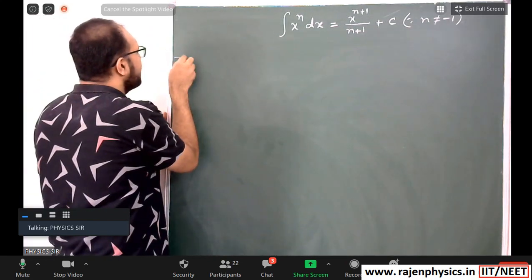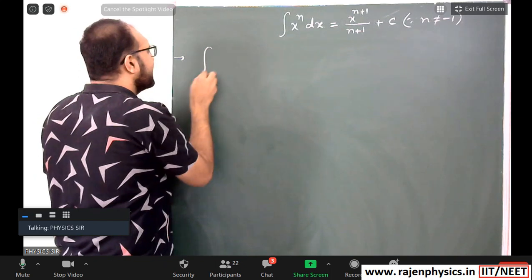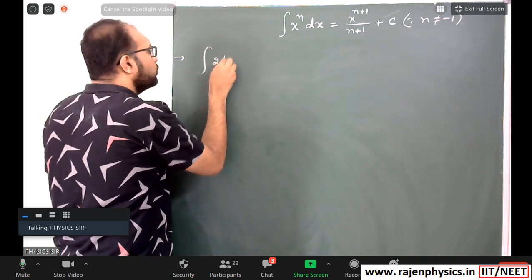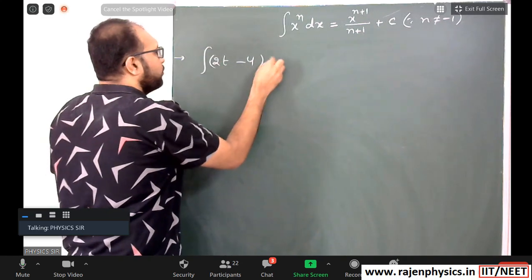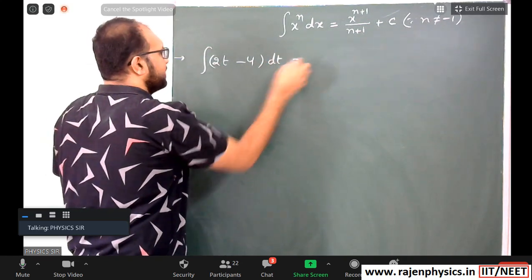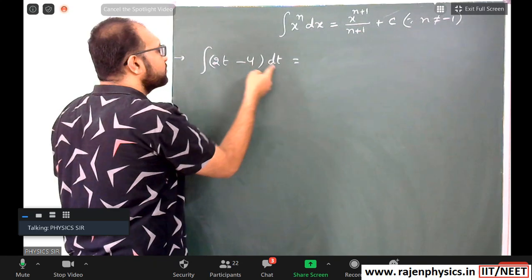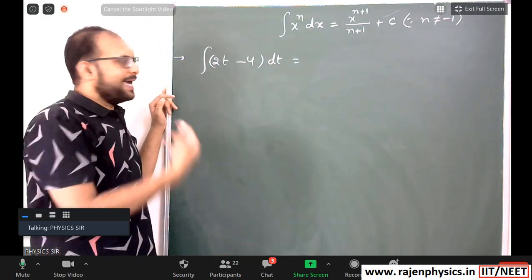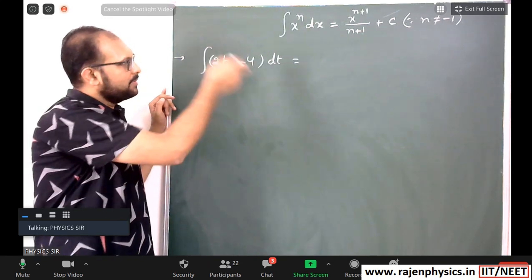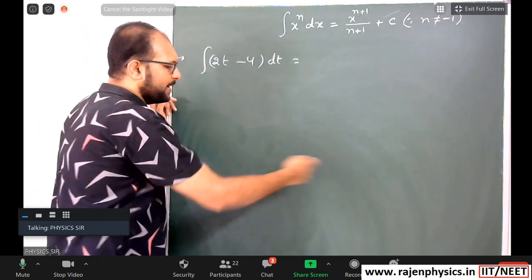Suppose one example, integral 2t minus 4 with respect to t. Integral 2t minus 4 dt. Suppose this is the problem. Yes, directly I am writing because all students already know many complicated problems also here.